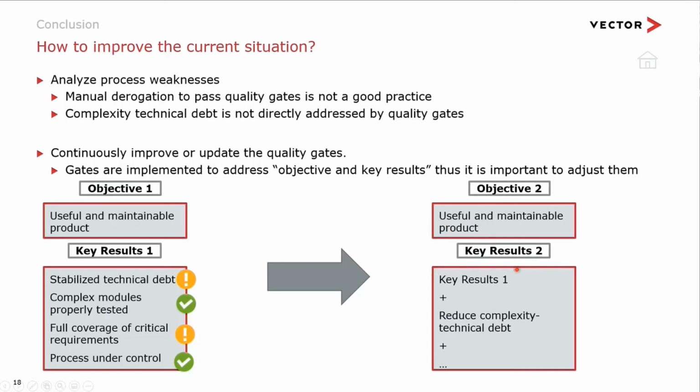And for the key results too, we will keep the first key results, all the different objectives that we had here, and we will also add a new result focused on the complexity technical debt, and here we would like to reduce that debt.